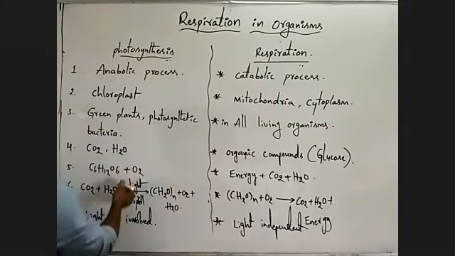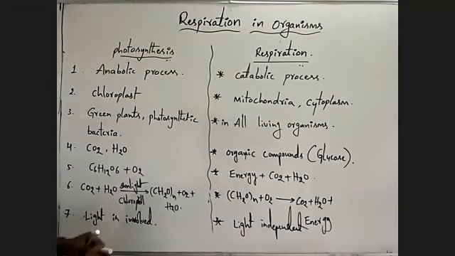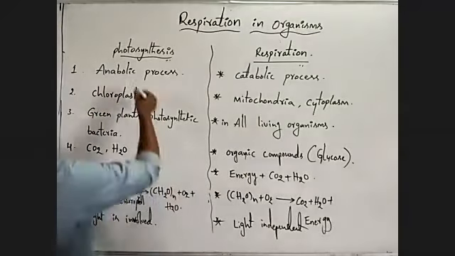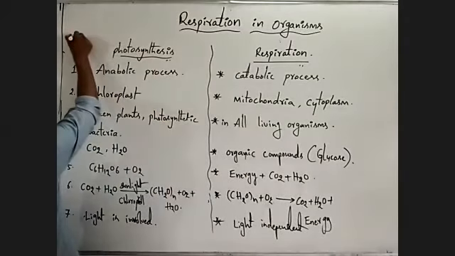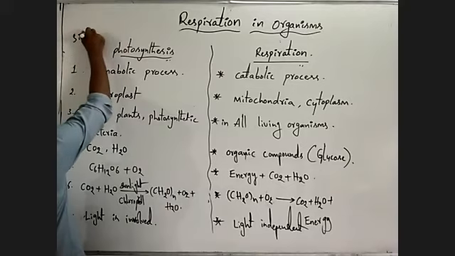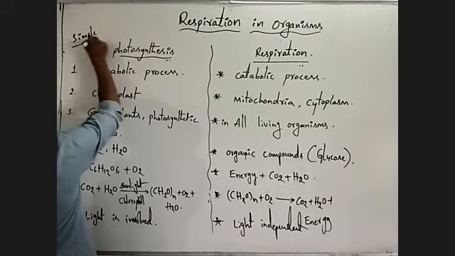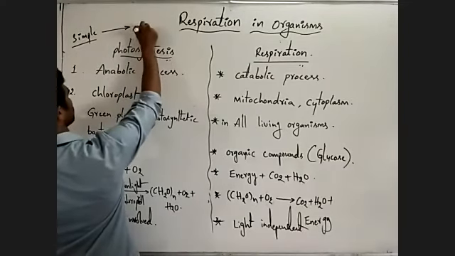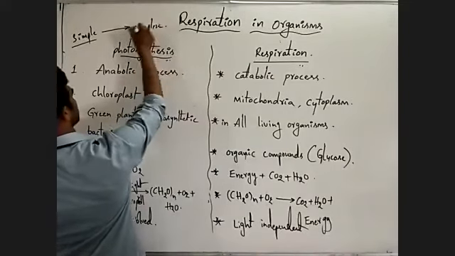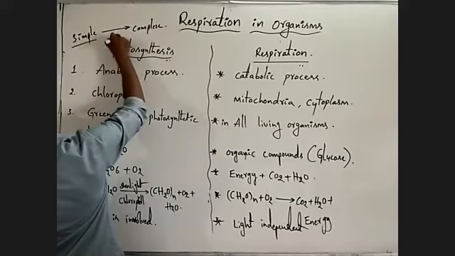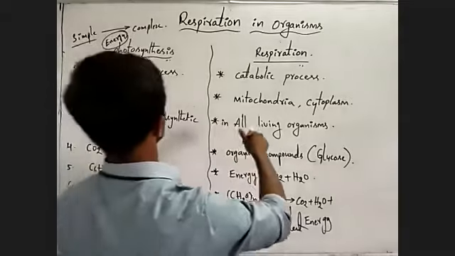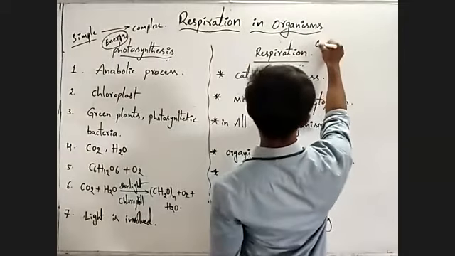Photosynthesis and respiration have these important differences. Observe carefully. In photosynthesis, simple substances are grouped and form complex substances. Energy is involved in this process. In respiration, what will happen?